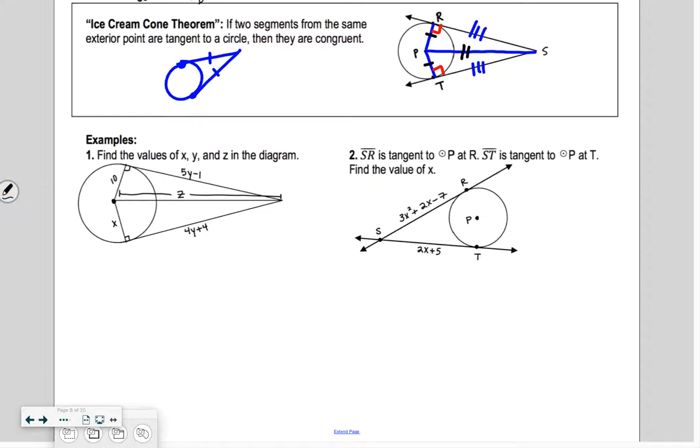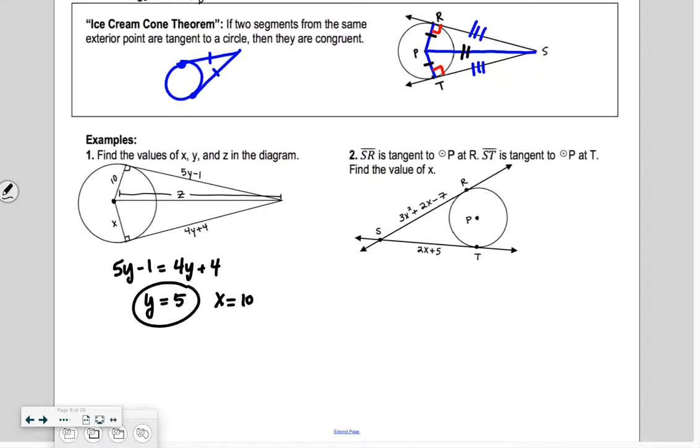So I can say by the ice cream cone theorem that 5y minus 1 equals 4y plus 4. Cam, you good? Yeah. And I solve it out. So I get y is equal to 5. Jacob, how about x? What's x going to be? It is 10.